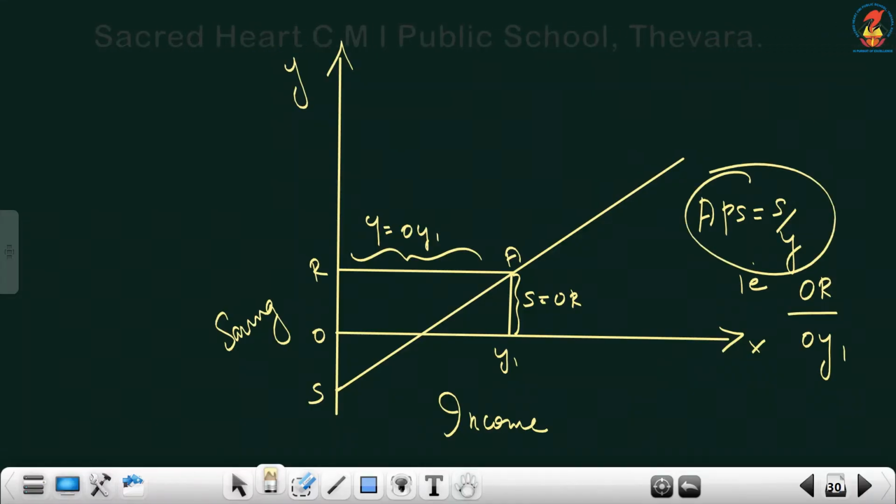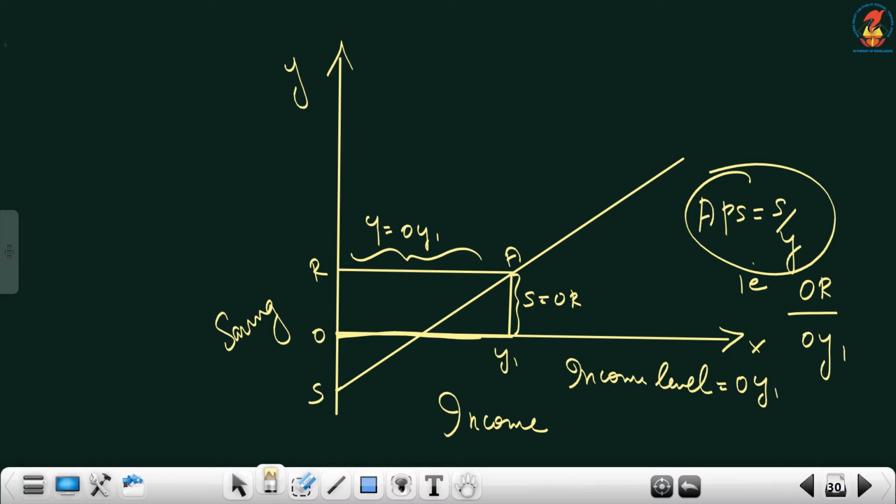Now here you can find saving by income level. Now what is the income level? This is where we represent the income level. Income level is OY1. What is the saving level? Saving level is equal to OR.